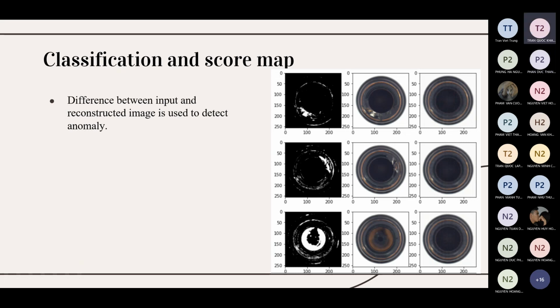Okay, so let me see some questions in the meeting chat. Yes, we set the threshold to detect anomalies, and the threshold is set manually. The threshold is calculated from the model and the training set.